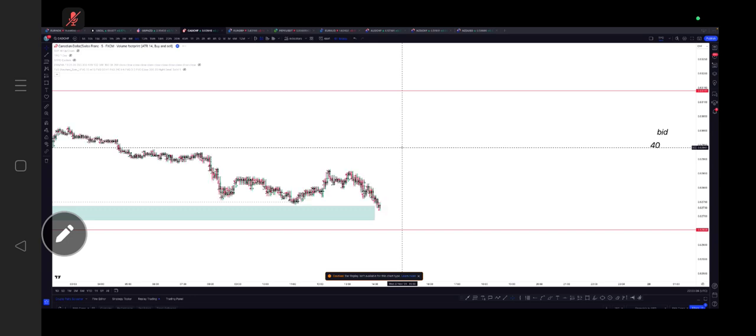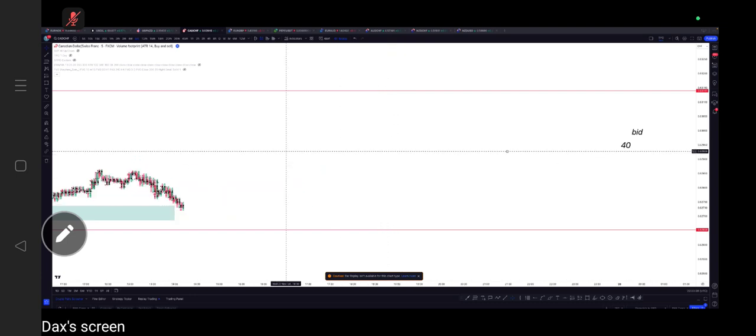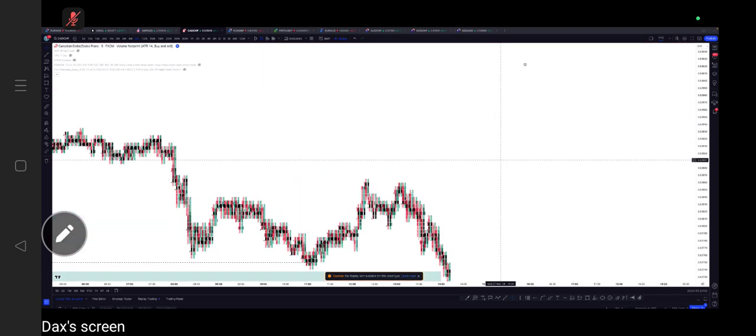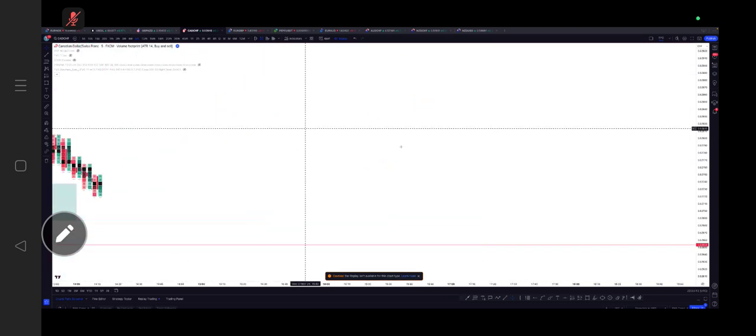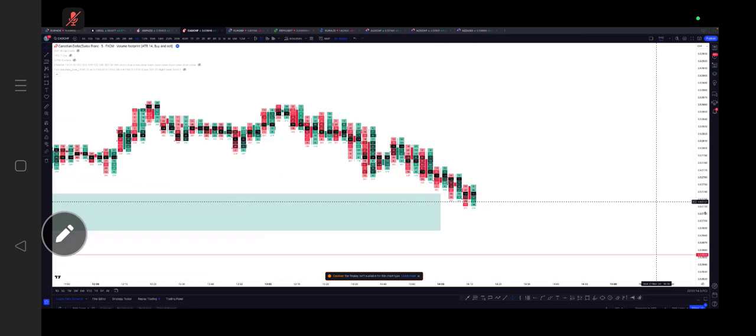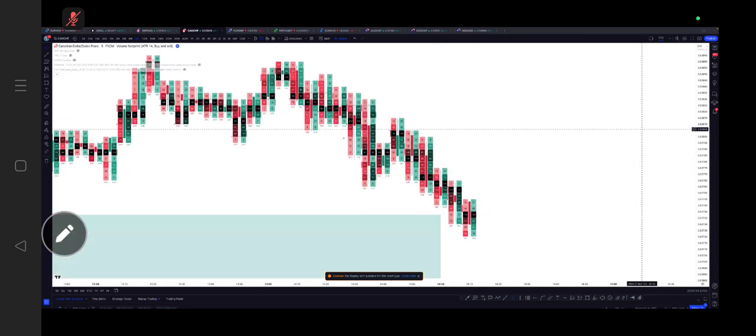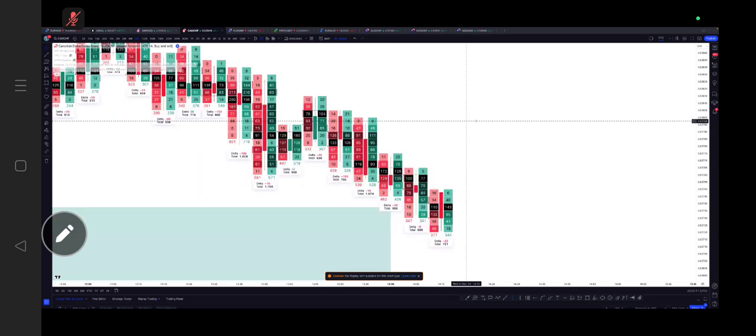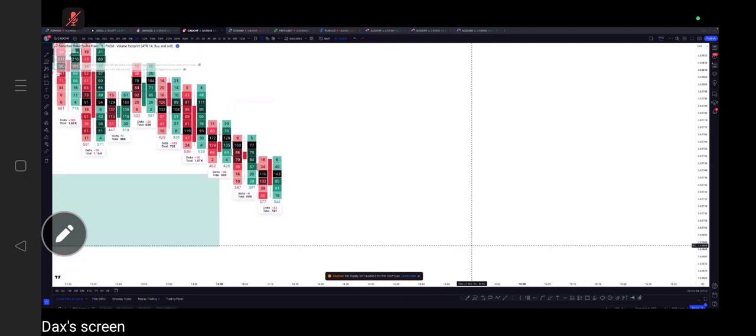There are two things you want to see after price taps into your POI. Pay attention. Number one, the aggressiveness. So let's say this is a buy setup, right?